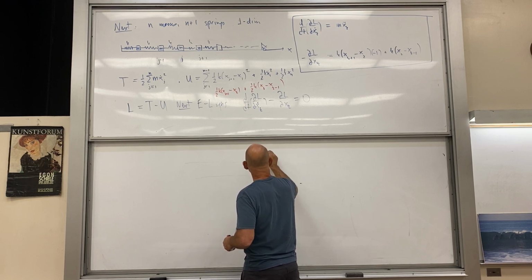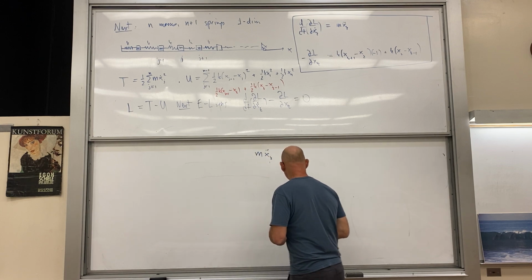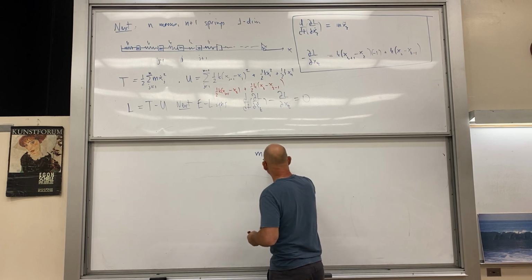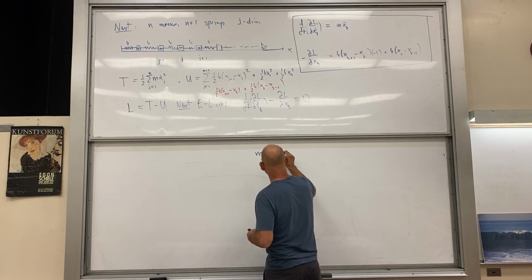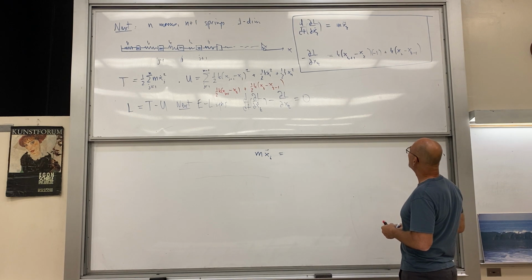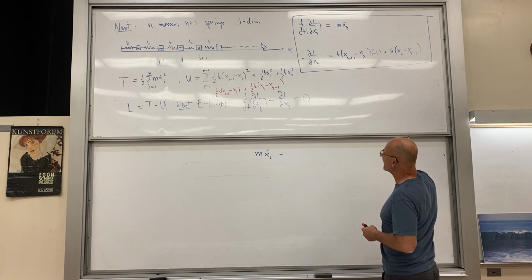We have m xk second derivative. Maybe I should switch letters to I. Equals, and then what we have over there on the right side.